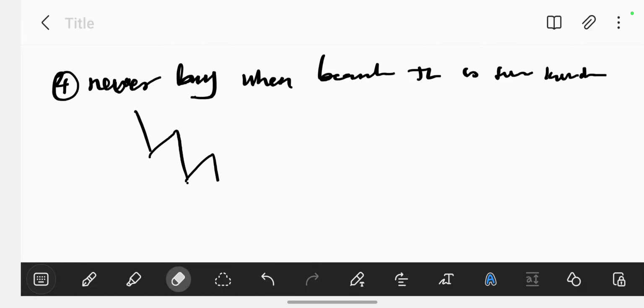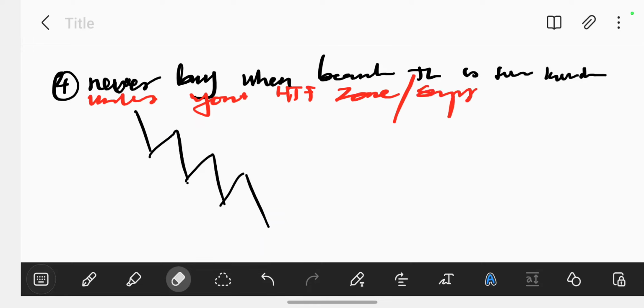If the price is doing this, here's the condition: unless you hit a higher time frame zone, a support area or resistance area. If you hit the higher time frame support area or resistance area, then you can try to get an early entry even though the trend line hasn't been broken.